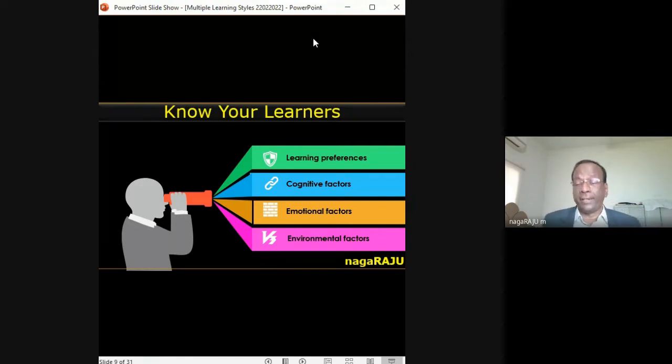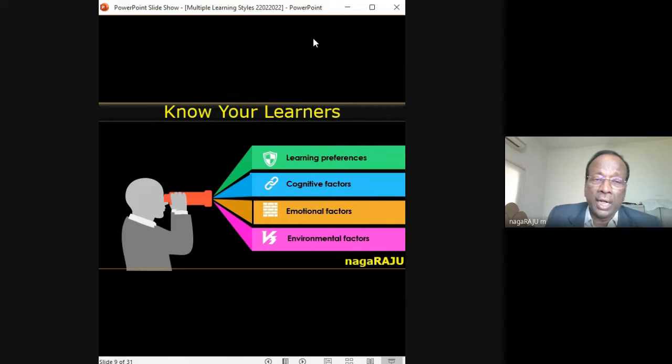And emotional factors. Not every student responds to emotions the same way, and the teacher has a huge responsibility to use the right emotion in the classroom, to treat them the way they love to be treated. I don't want to go into too many details about that, but the emotional factor helps make the classroom a wonderful environment, a wonderful platform for students to interact with you and to learn from you.